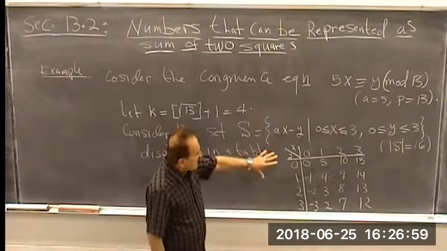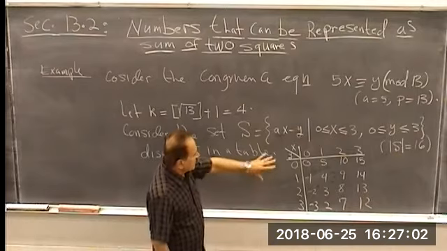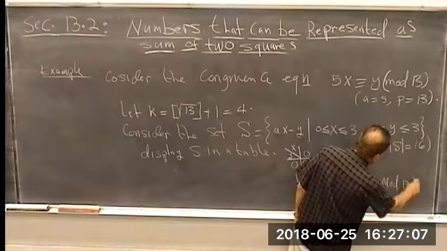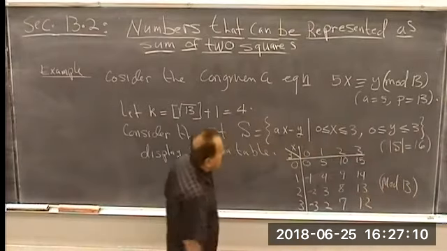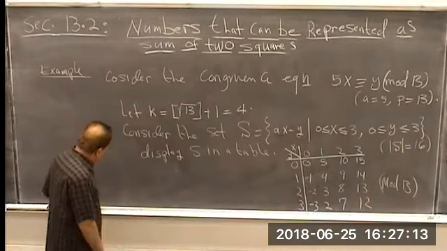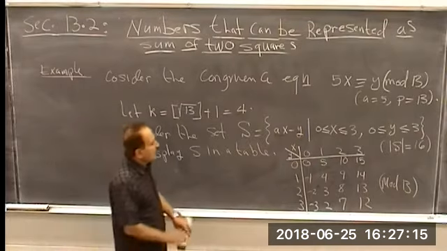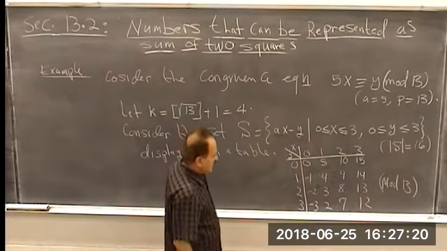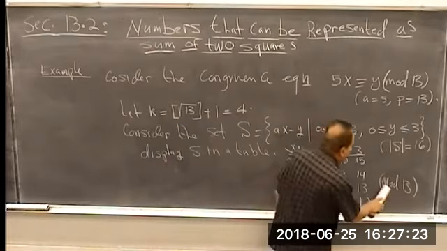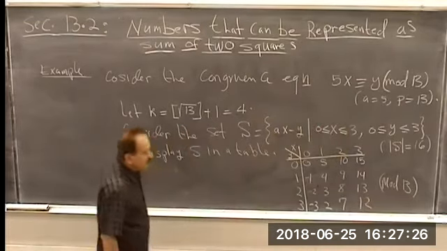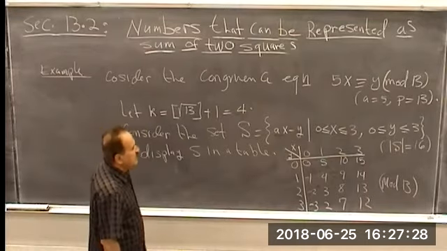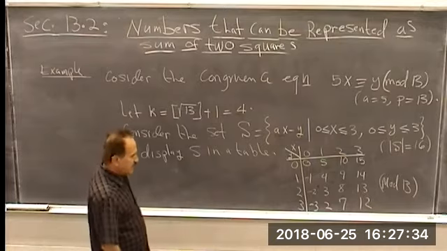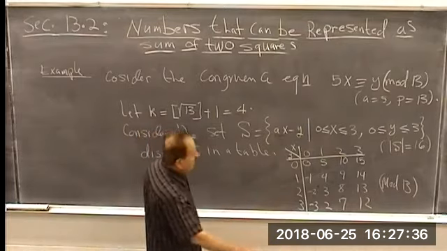Now, we're going to take this table and reduce it mod 13. We know that the results we're going to get will not all be distinct this time, because mod 13 we have at most 13 distinct values, which go from 0 to 12.